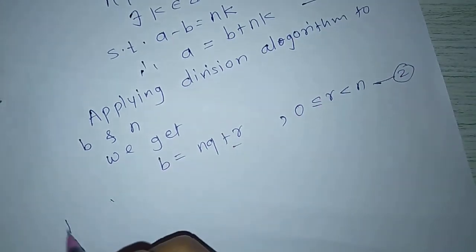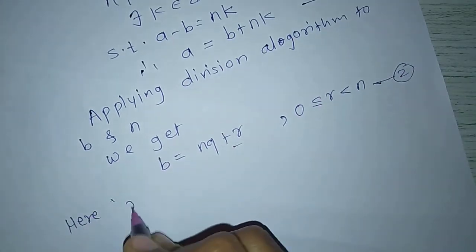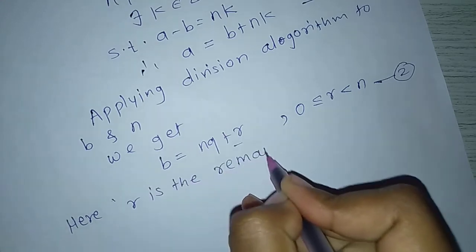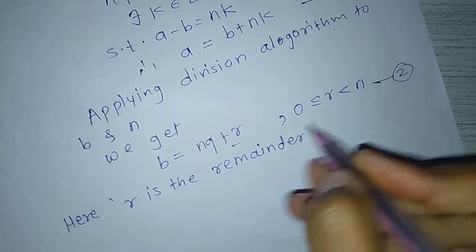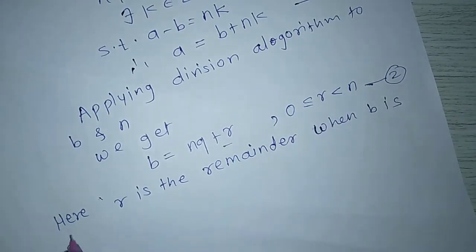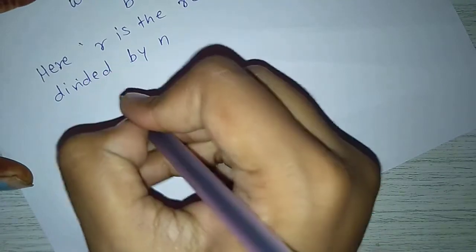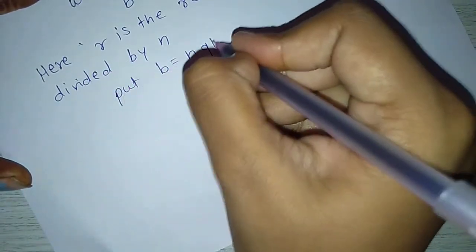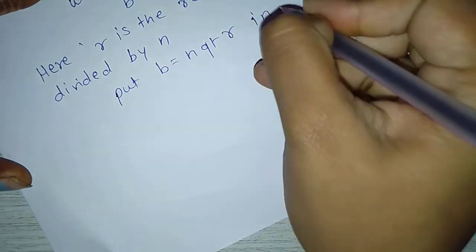Here r is the remainder when b is divided by n. Put b equal to nq plus r in equation number 1.